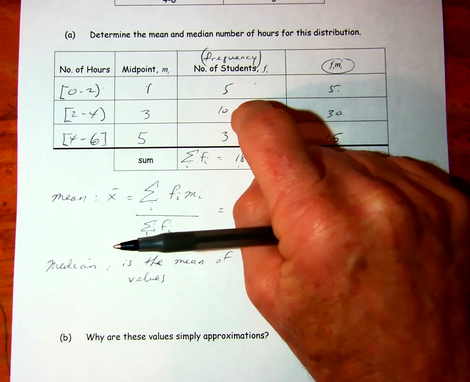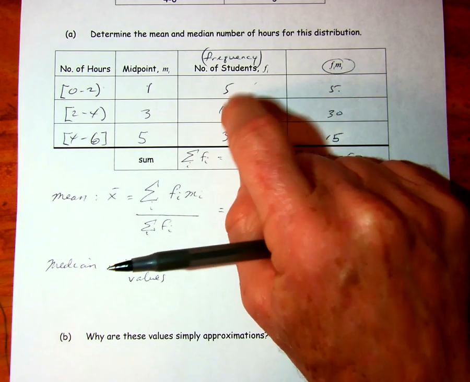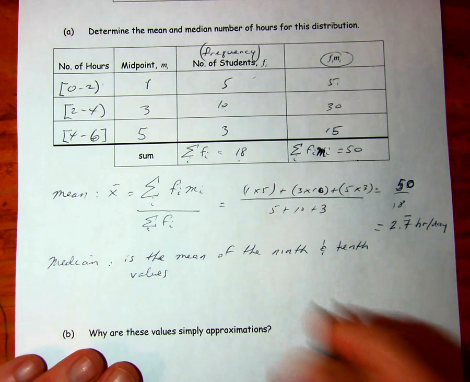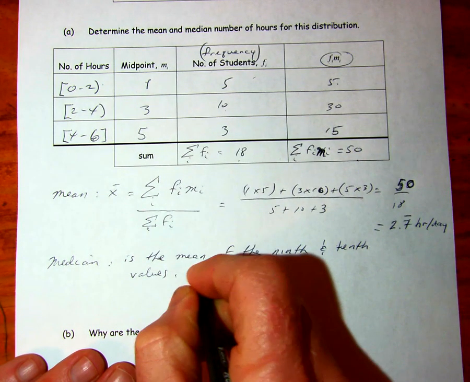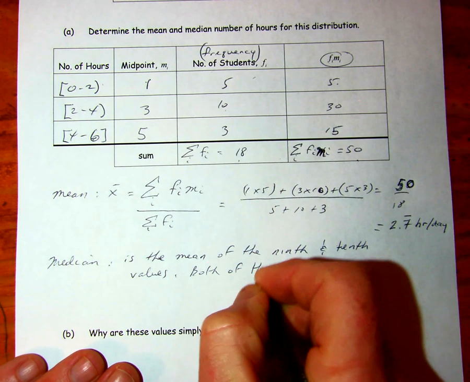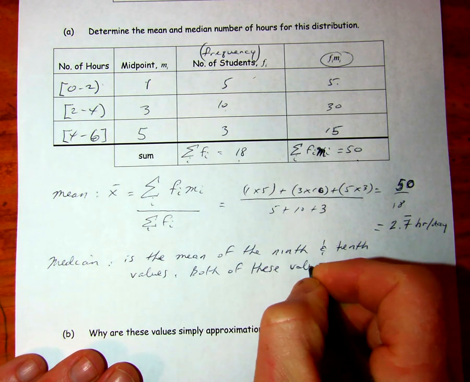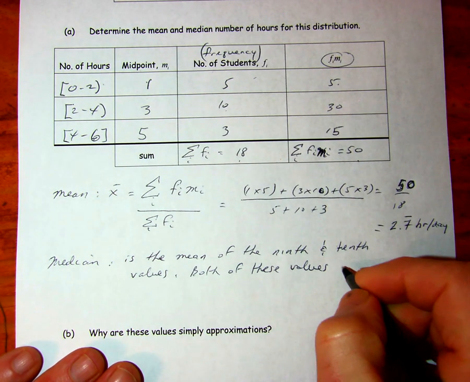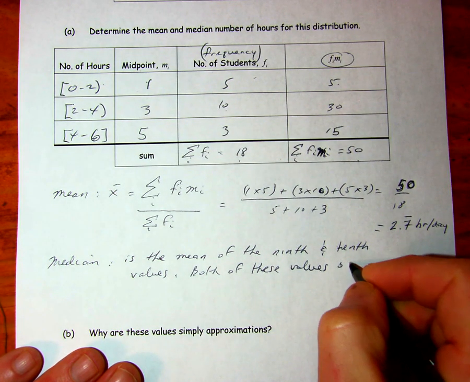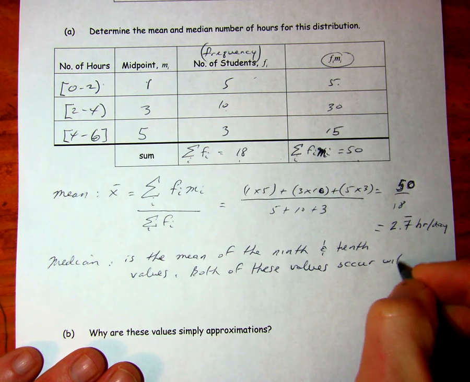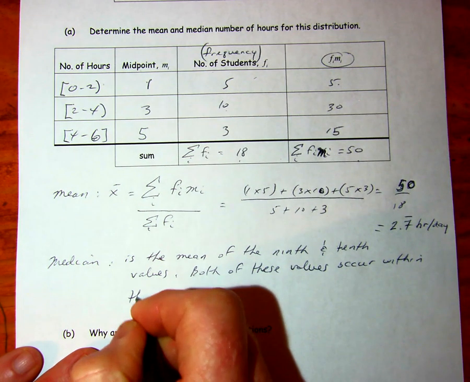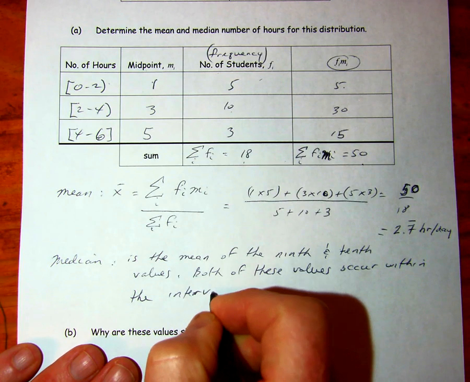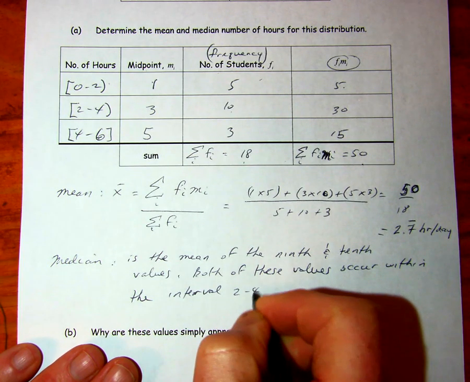So numbers 9 and 10 fall in this group. So both of these values occur within the interval of 2 to 4 hours.